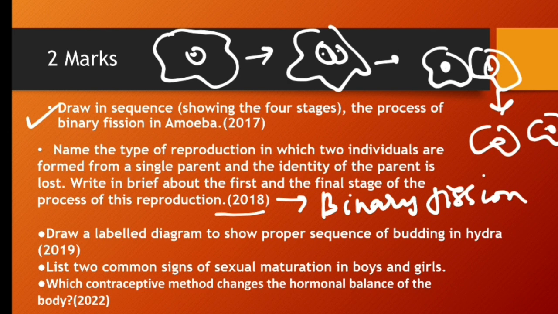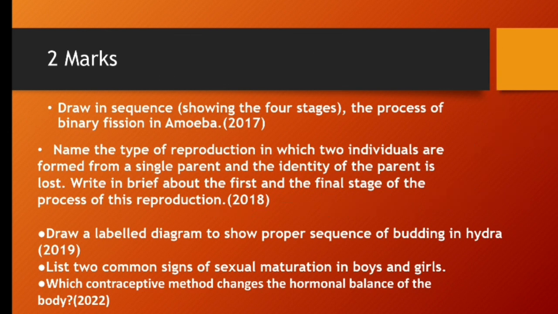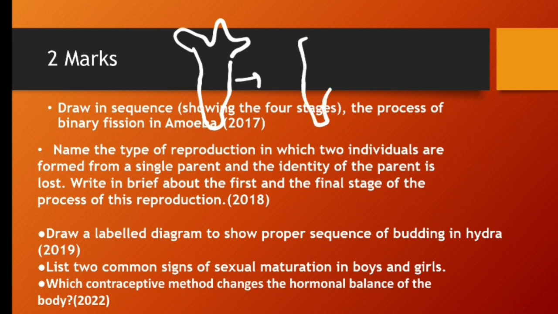As you already know, you have to discuss the budding in hydra. You have to draw a parent hydra. I'll just show you. When the condition is suitable, this parent hydra forms an outgrowth, and this outgrowth is called a bud.